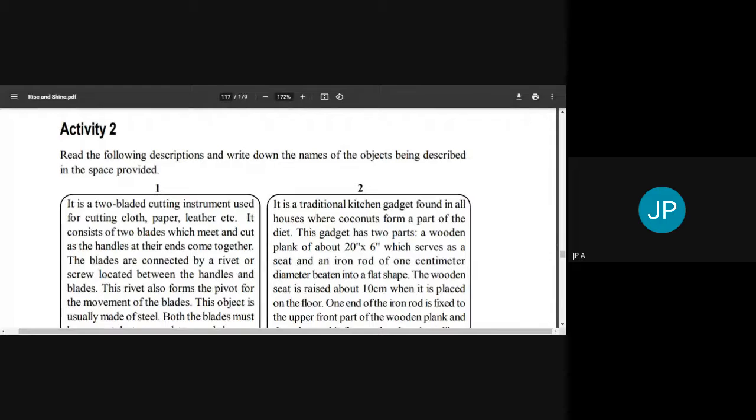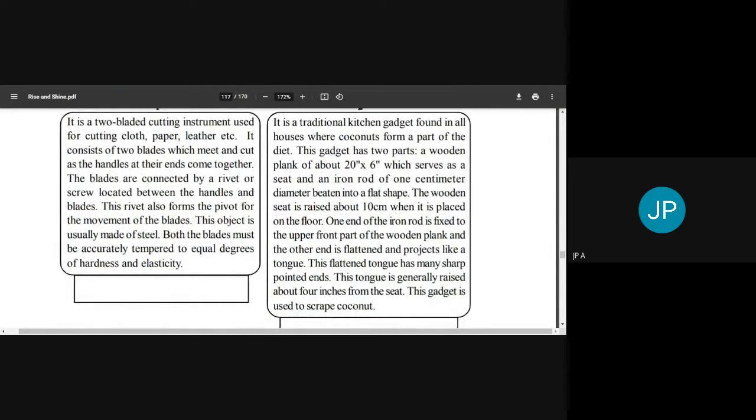Read the following descriptions and write down the names of the objects being described in the space provided. Just try to read these two descriptions. They are two different things. Just go through these descriptions and try to identify the things that are being described here.